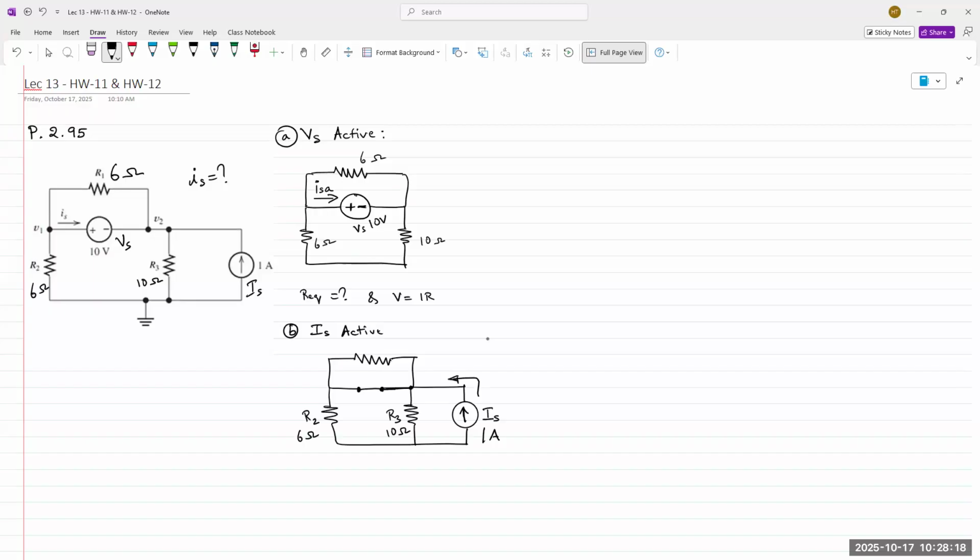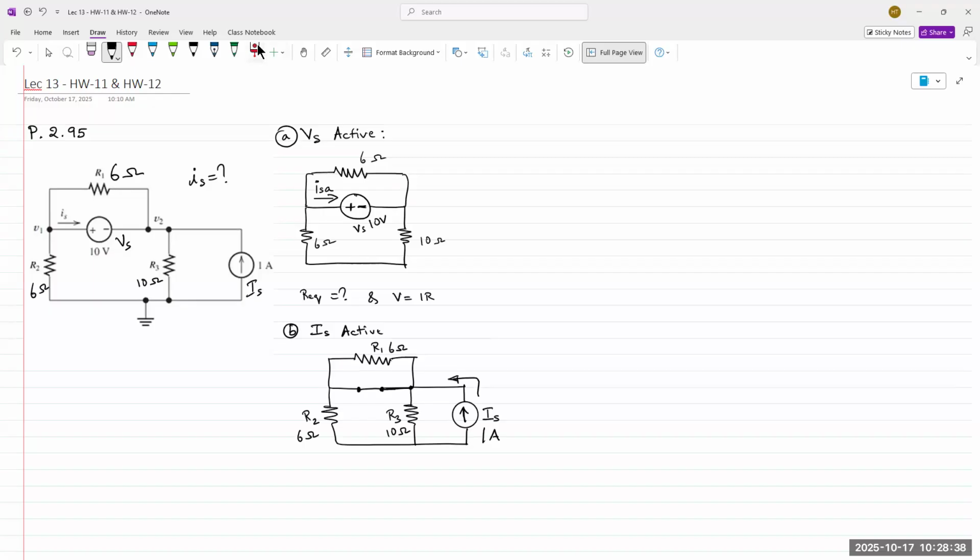Also, what happens to R1 at the top? So if you have a short circuit, anything that is parallel with a short circuit is effectively redundant, meaning it may as well not be part of the circuit. So this is what happens.